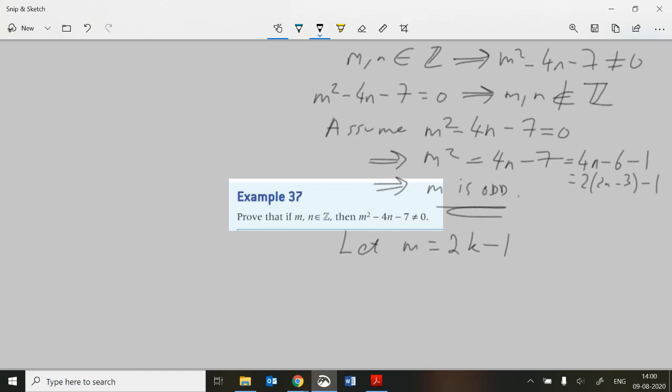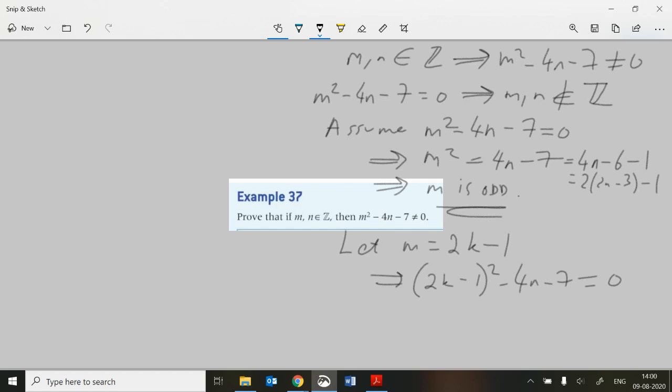Now we can put that back in up here into the original equation, into our original assumption. That implies that we're getting (2k minus 1) squared minus 4n minus 7 is equal to 0.